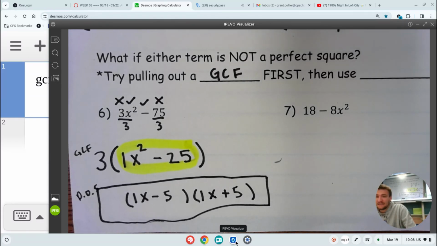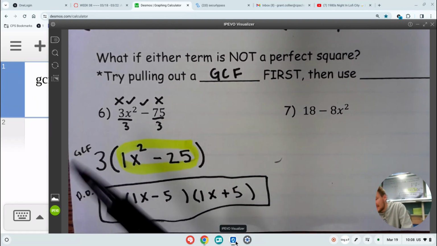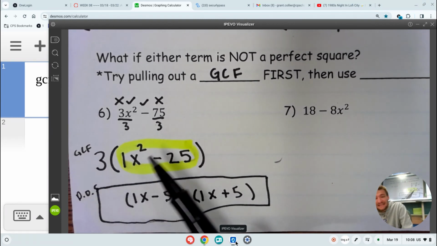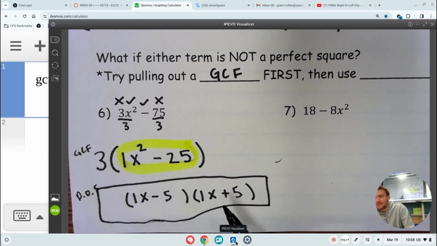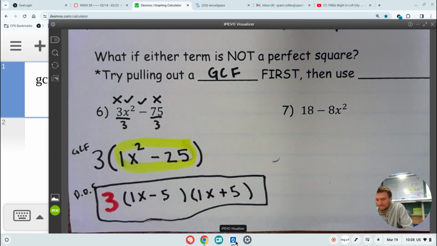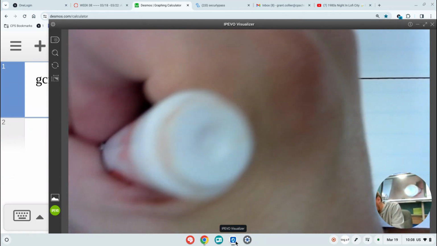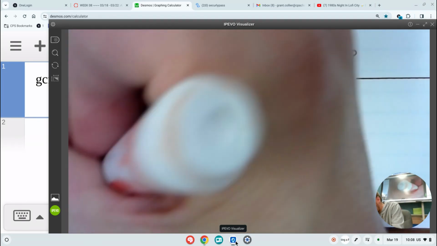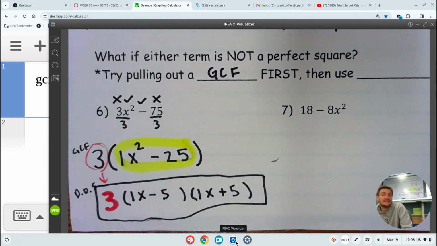We did the GCF, and then we did the difference of squares, ripped it into 2 pieces. What we're missing for this question, let me get the red marker here, is the 3. This 3 right here that we brought out, the GCF, has to come down.